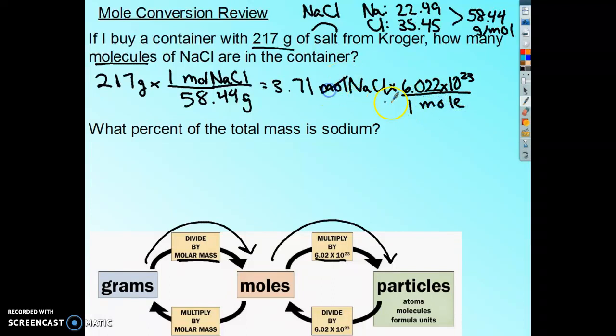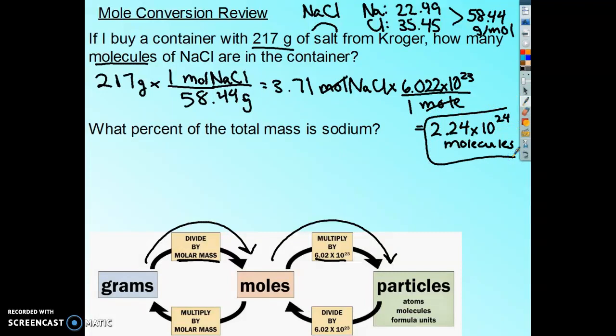So my moles will cancel when I'm multiplying by Avogadro's number, and I'll end up with the number of molecules. So this number, 3.71 times 6.02 times 10 to the 23rd, I've got 2.24 times 10 to the 24th molecules. Alright, so that would be my final answer for the first question here.